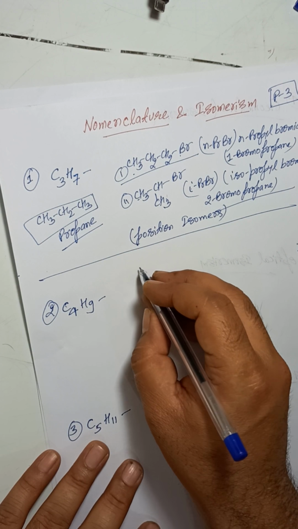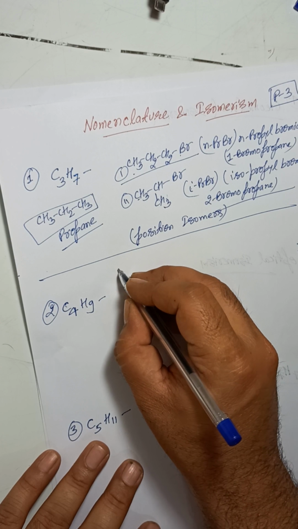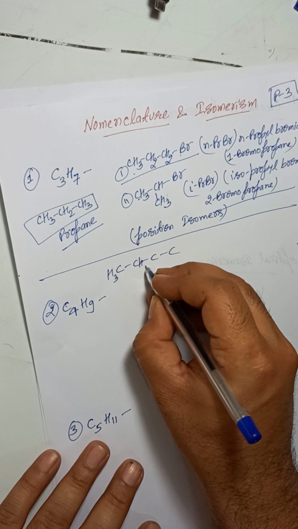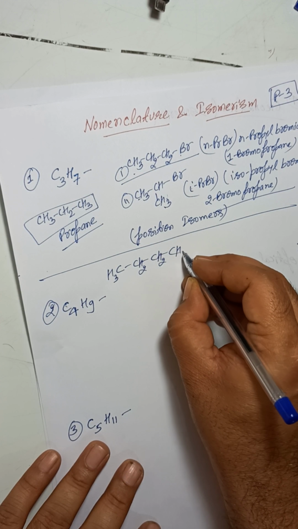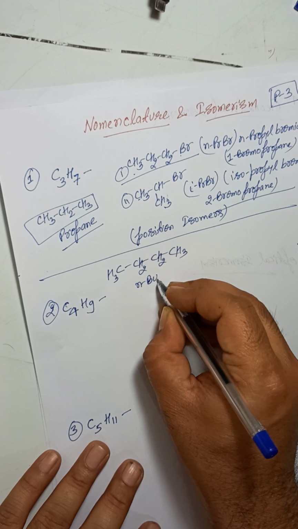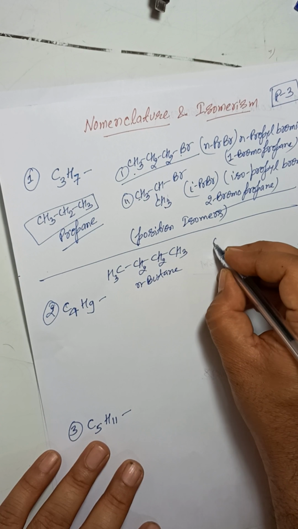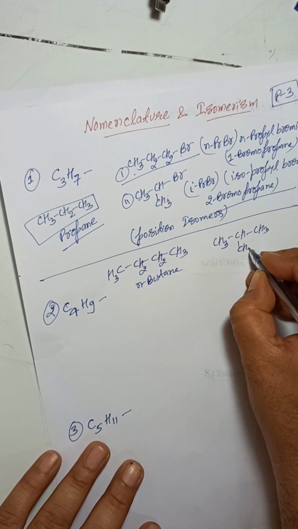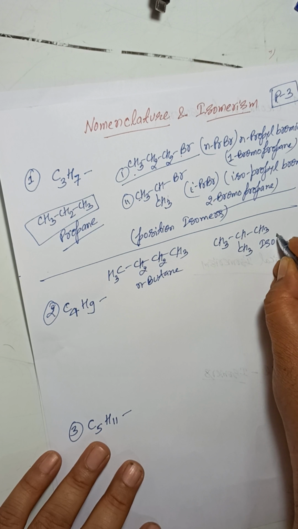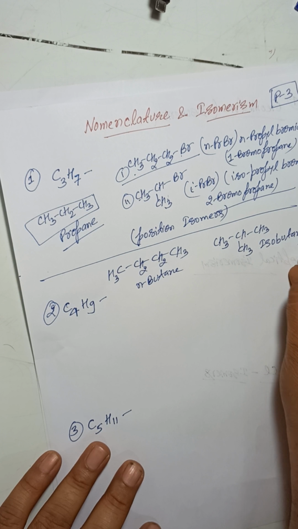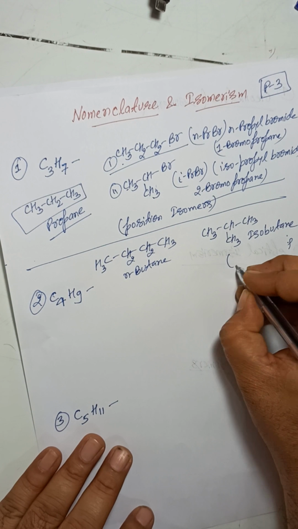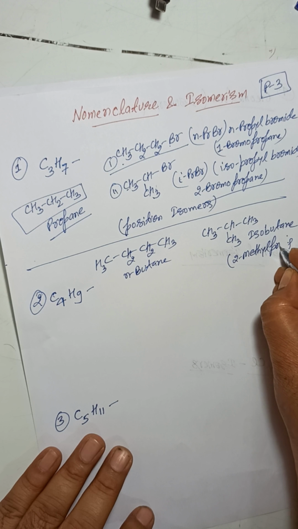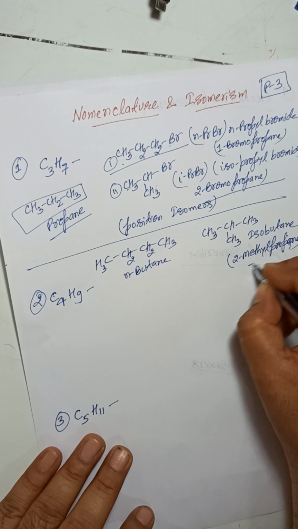Now let's talk about C4H9. First C4H10: butane, and isobutane, which is also called 2-methyl propane.